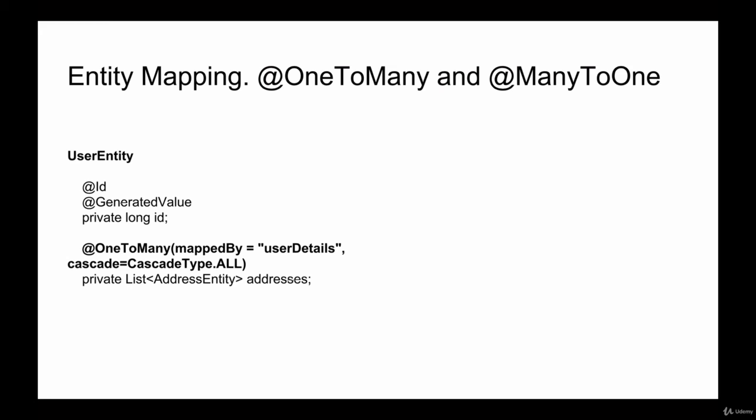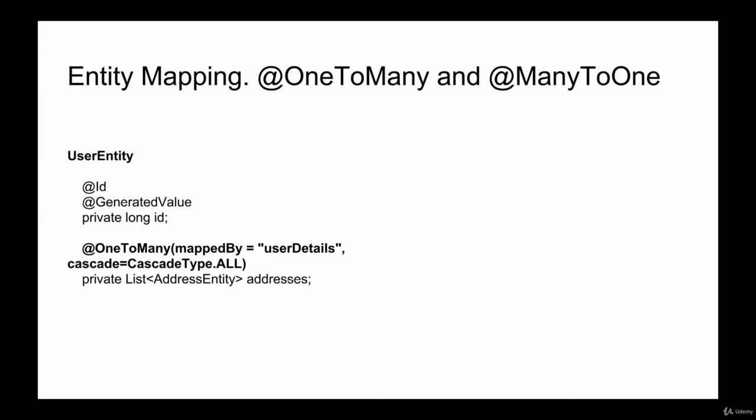We will add a new class field, which will contain a list of records of the address entity data type. We will then annotate this class field with a one-to-many JPA annotation, which means that one user can have many addresses. And we will specify that when an insert operation takes place, we need it to cascade and persist the list of addresses as well.